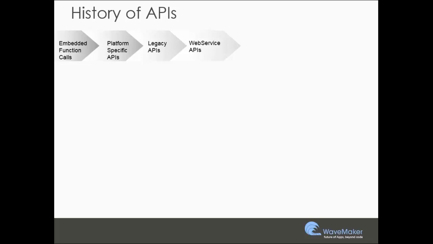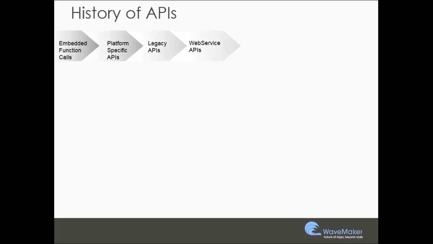We had Windows and Linux operating system specific APIs that were used by the applications written on top of the operating system. Then we had the era of legacy systems, the days of ERPs and such, where they exposed their business logic as function calls, and those were exposed for other applications to consume.